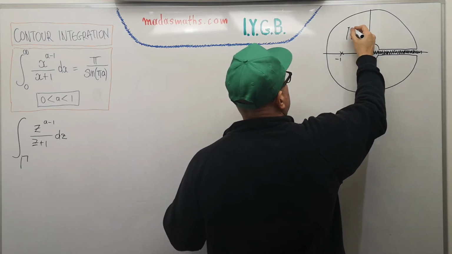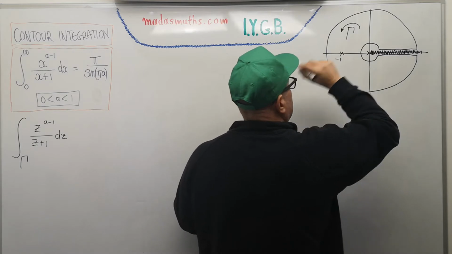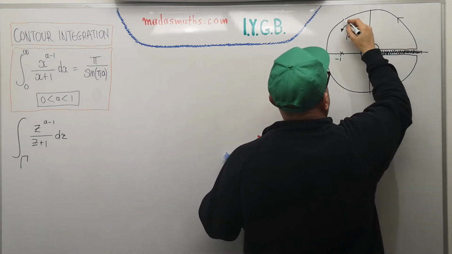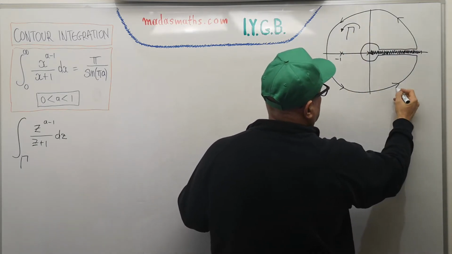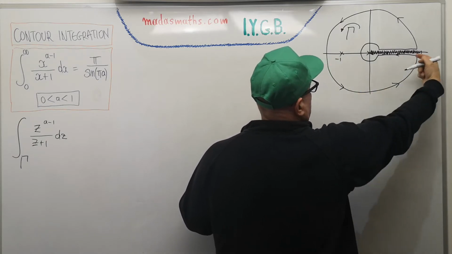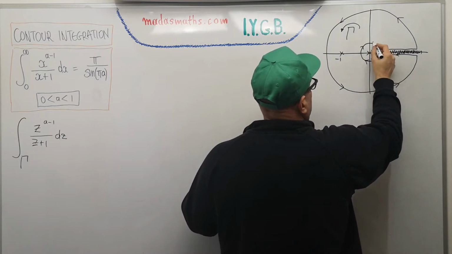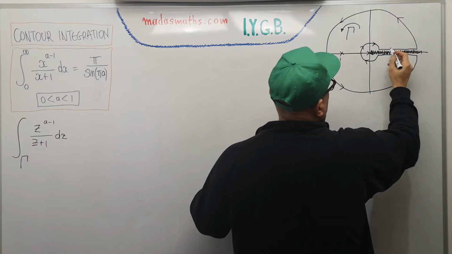So that's our gamma for this particular problem. It needs to run in an anti-clockwise direction as per usual. So the bottom segment is going to be going right to left. It's going to be going clockwise on the inner circle, but overall the gamma is of course anti-clockwise.